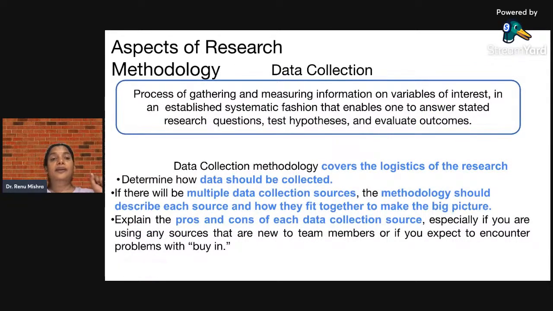Another aspect of research methodology is data collection. In simple language, data means the information which you need for the completion of your study. You need that data because you need to test those hypotheses and find the answers to your research questions.